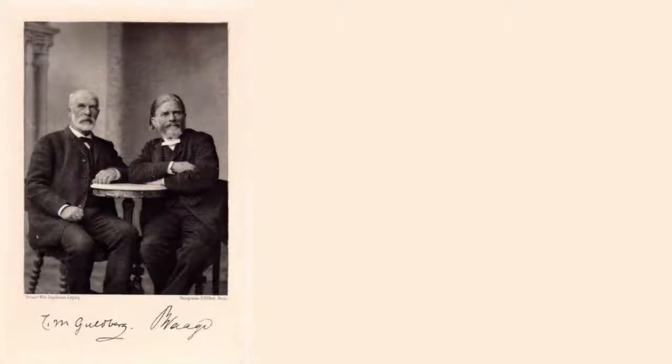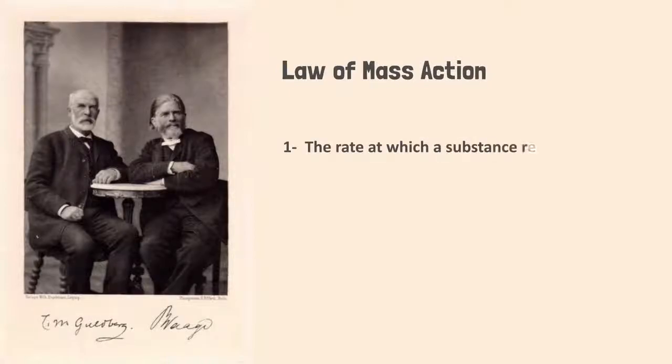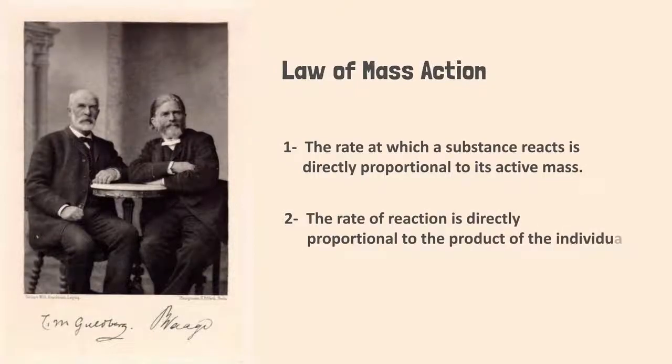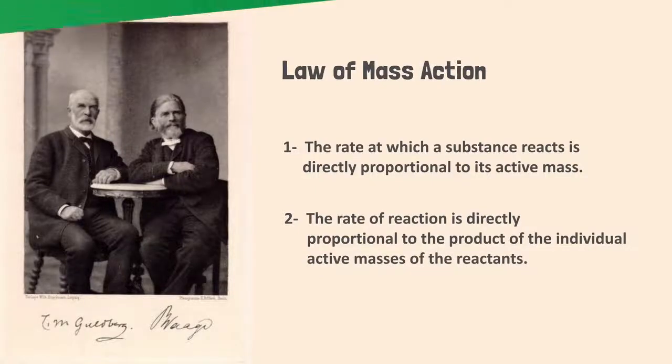After studying reversible reactions, 2 Norwegian chemists, Goldberg and Waage, proposed the law of mass action. It states that number 1, the rate at which a substance reacts is directly proportional to its active mass. Number 2, the rate of reaction is directly proportional to the product of the individual active masses of the reactants.